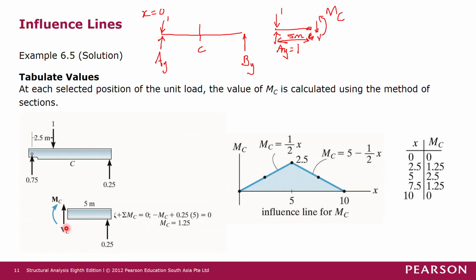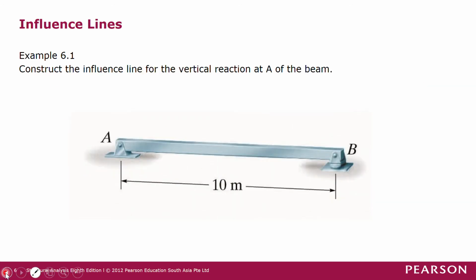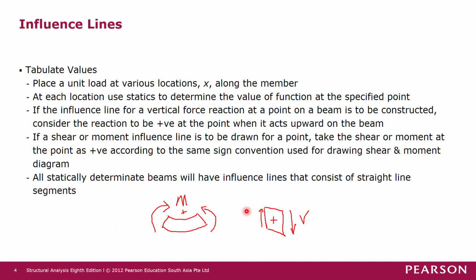Okay, so why is this shear force upward and why is this MC clockwise as opposed to this? Because this shear force and bending moment MC here are on the left hand side of the cross section. This one is on the right hand side of the cross section. So on the left hand side of the cross section, if you look at the positive sign convention of the bending moment and shear force, the bending moment should be clockwise and the shear force should be upward for the positive sign conventions.